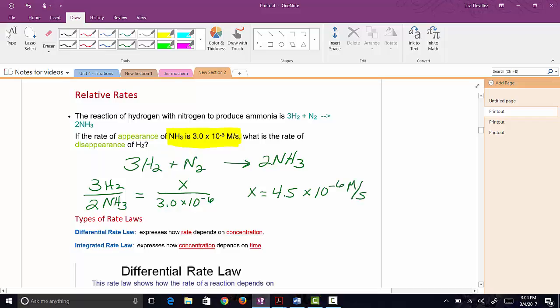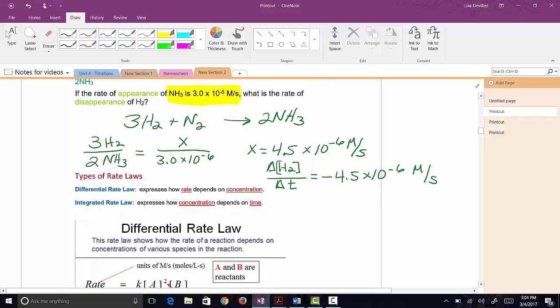So we can use the coefficients in the balanced equation to find the rate of change of one thing versus the other. And so we would reflect this as that the delta of the concentration of the hydrogen over delta T is going to be a negative 4.5 times 10 to the minus 6. And that's, again, molarity per second.